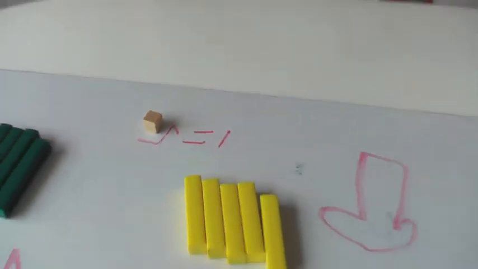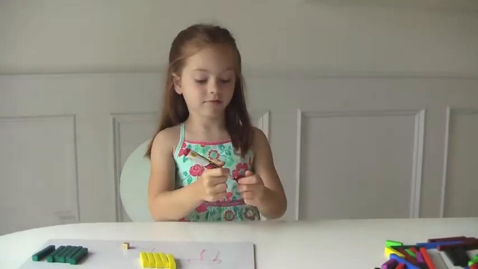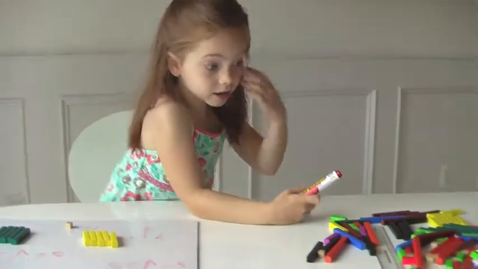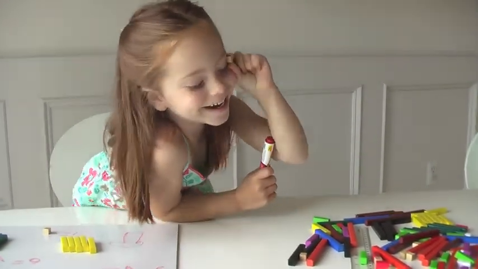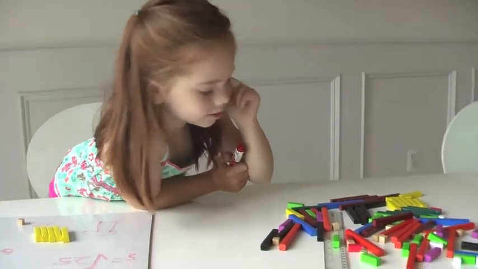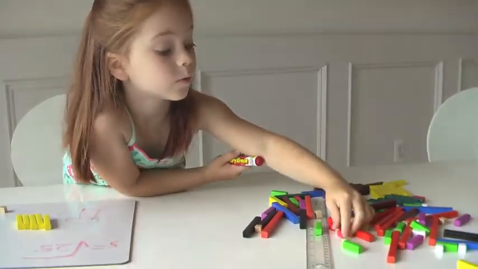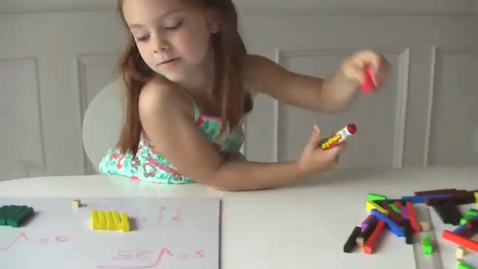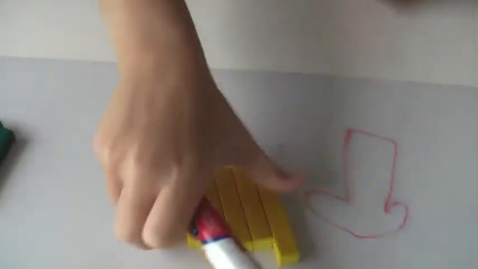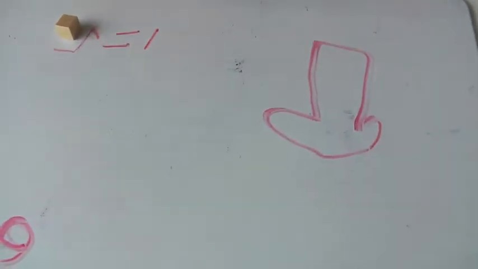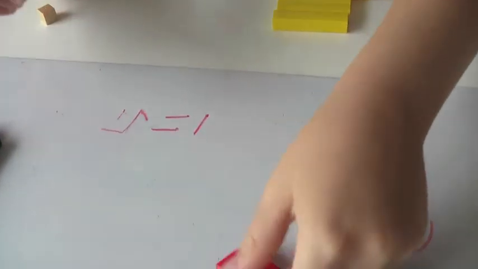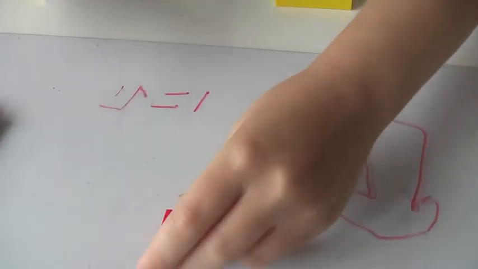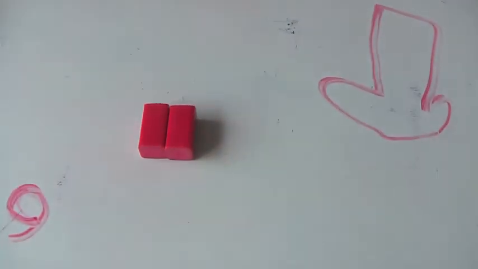Let's try one more. A bigger one. Okay, I'll get a bigger one. No, it's the same size. Okay, 2 squared. All right, put that down. We're just going to erase.